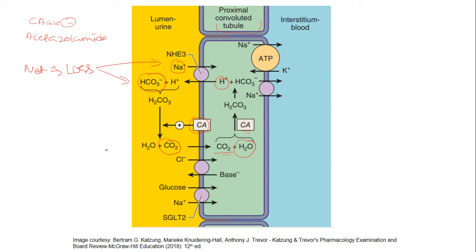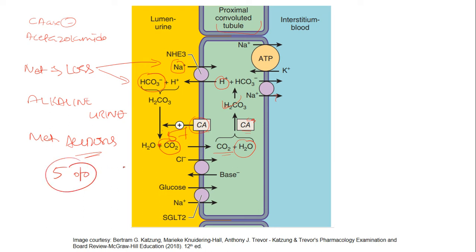So thereby it produces alkaline urine, but it produces metabolic acidosis. The amount of sodium lost here will be only 5%.